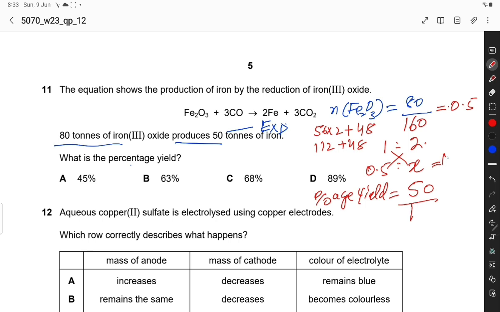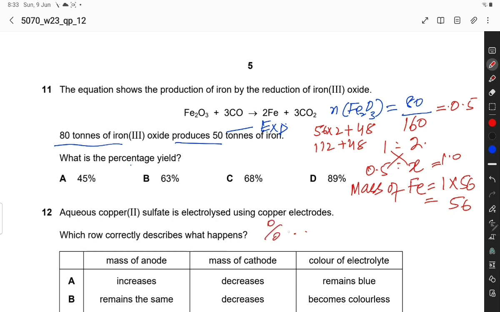Sorry, this is 1 mole, and 1 mole mass of iron is equal to mole into Ar 56, this is 56 ton.